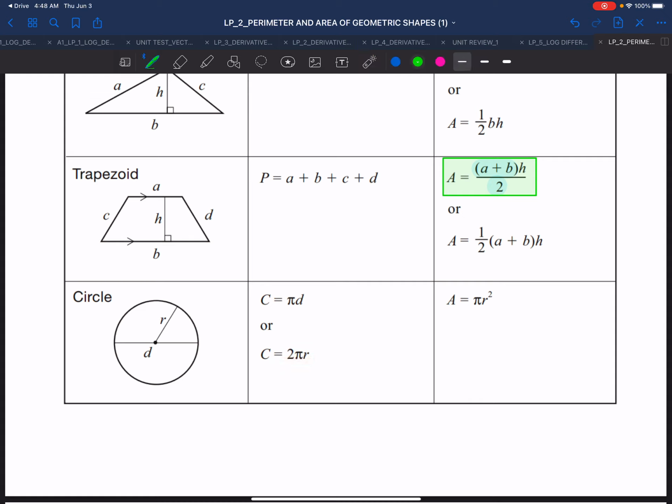Now, because 2 times r equals the diameter, we can express the circumference of a circle by using the formula C equals pi d.